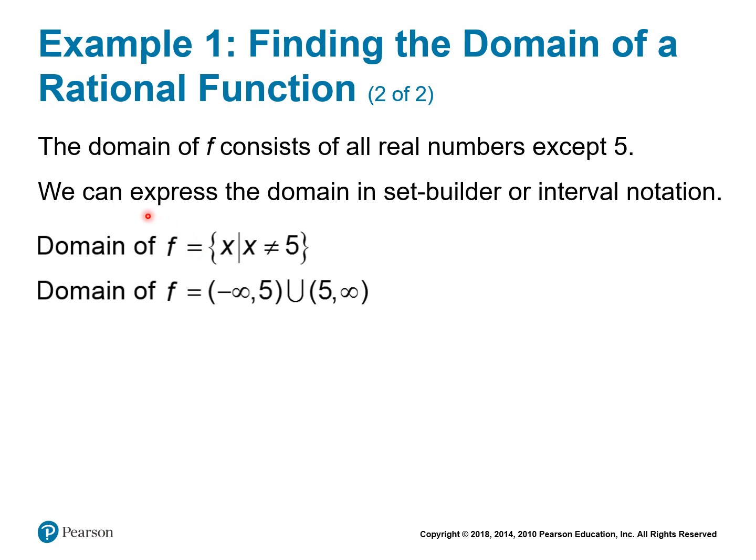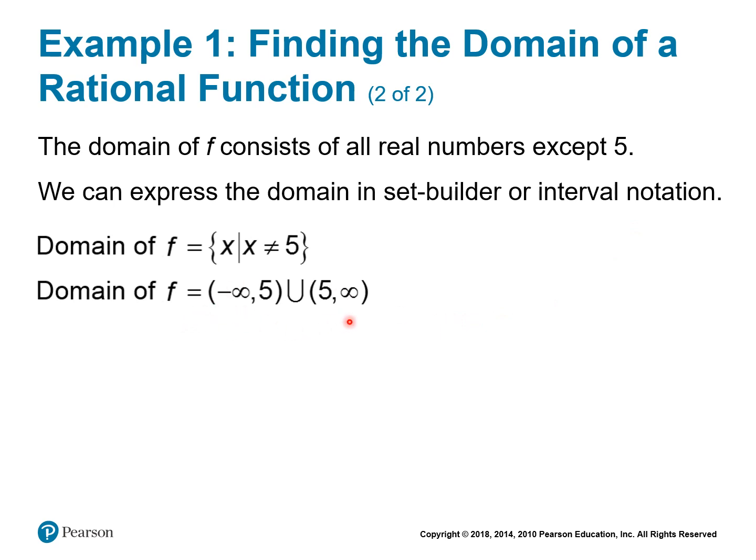Now there are two ways of expressing the domain. There are two types of notations. One is called the set builder notation and the other one is the interval notation. Now the interval notation is what we have learned so far, which is in the previous slide.